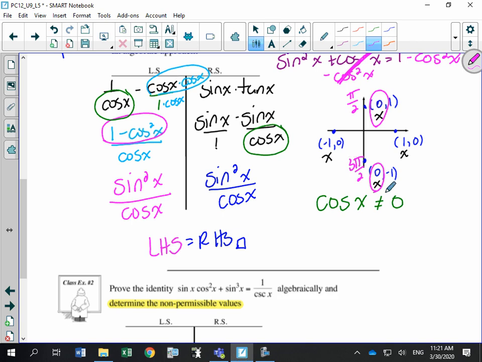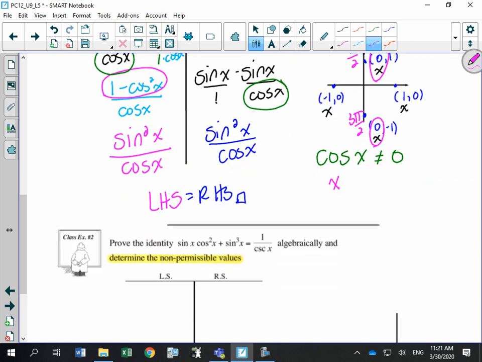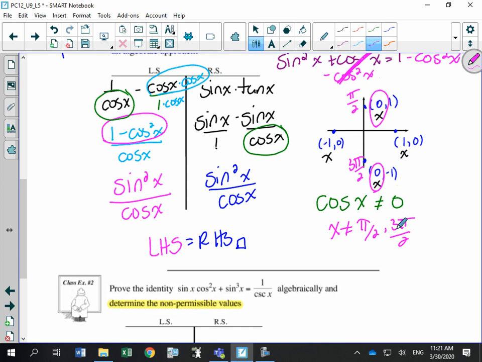So how do I write essentially that, okay, x cannot be equal to pi over 2 or to 3 pi over 2? Right? Those are my restrictions, but I want to write it as a general solution. So what I hope everybody sees is that you always state your smallest restriction first, which would be pi over 2. And then what do I have to add in order to get to 3 pi over 2? And what I'm adding is pi radians, right?